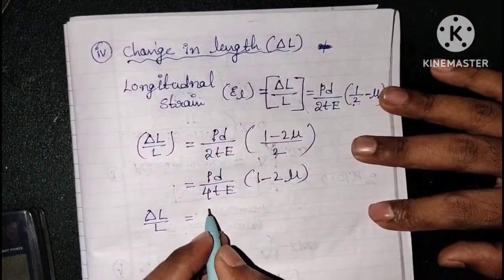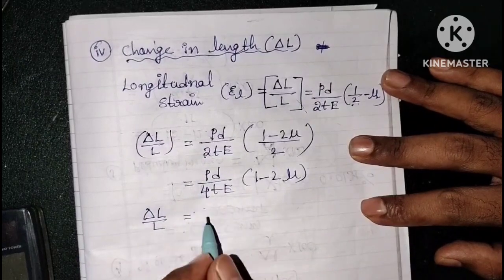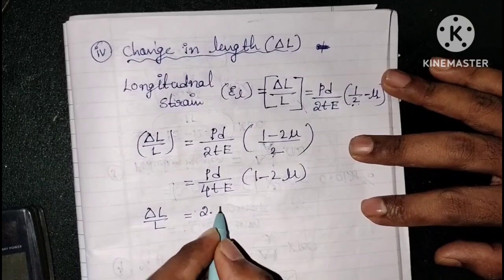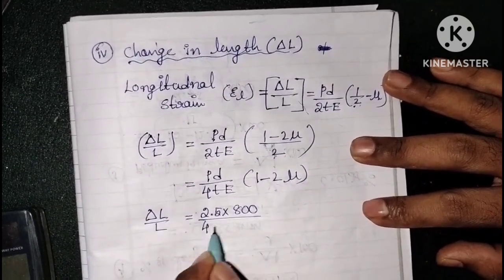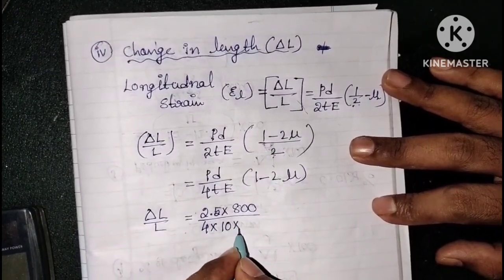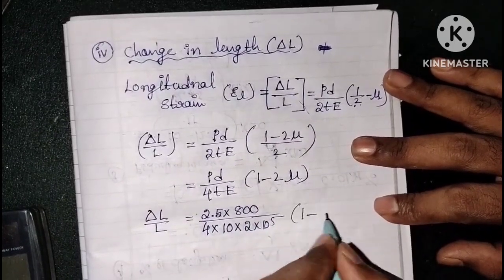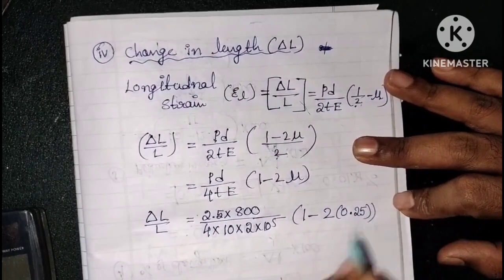So delta L by L is equal to PD by 4tE. Here P, the internal pressure, is 2.5 MPa, and the diameter is 800 mm, by 4 into thickness, which is 10 mm, into Young's modulus 2 into 10 to the power of 5, into (1 minus 2 into mu), where the Poisson's ratio given is 0.25.